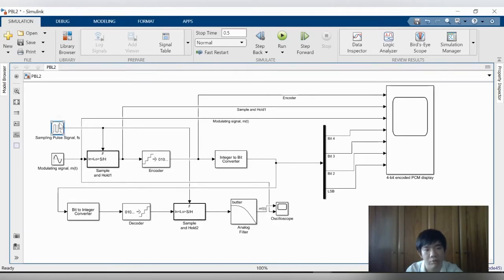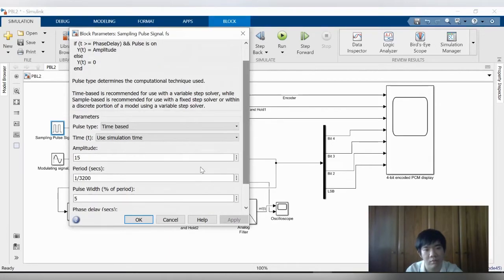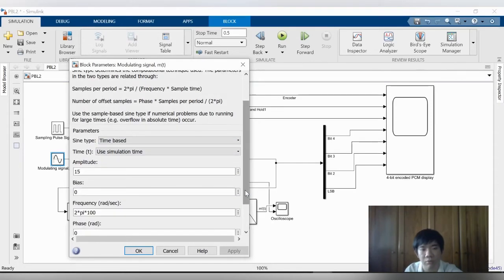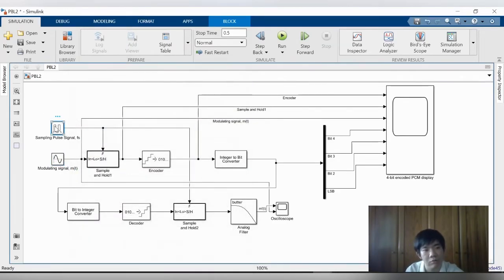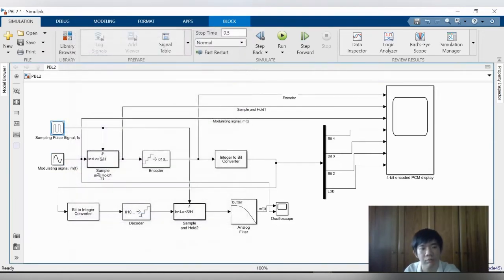And now we are trying to do the simulation based on part D2, in which case the Vm is 0.5, and for the amplitude of Fs, we change it to 0.5.